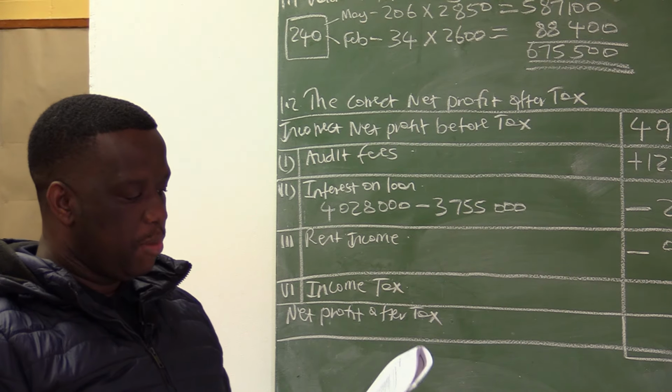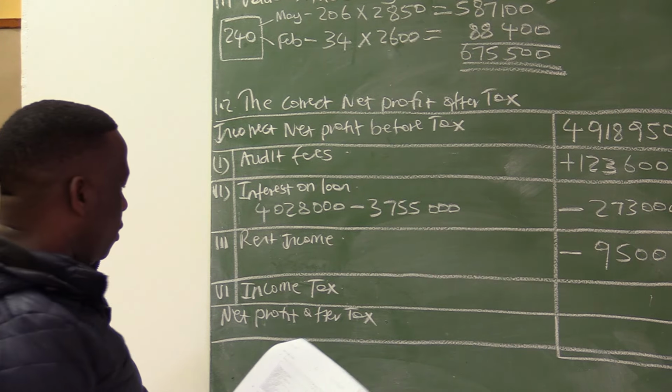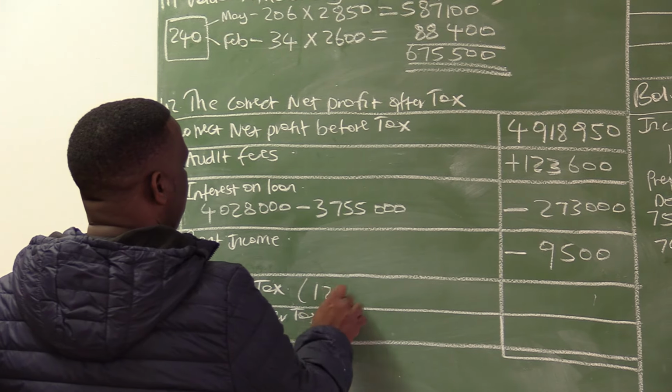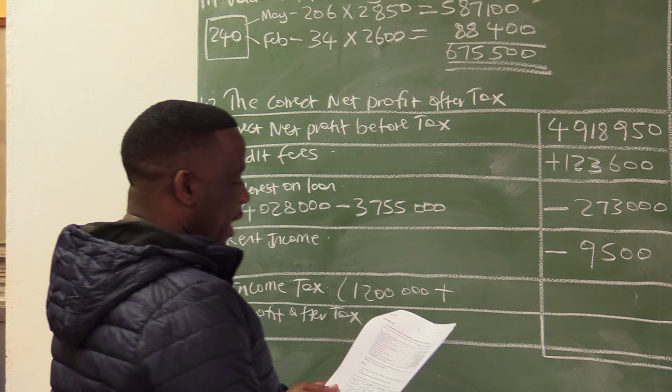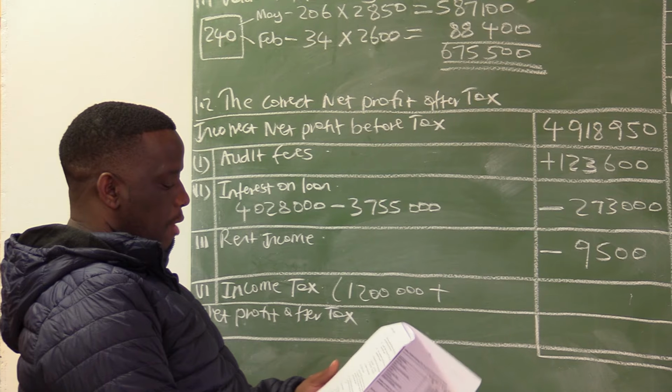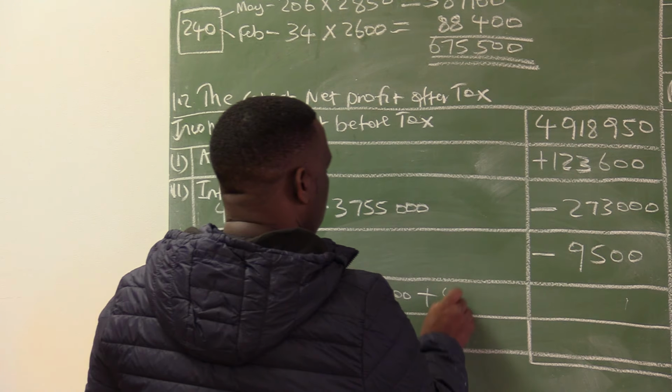Let's go to information A, page 4. We have already paid 1,200,000 to SARS, and we are told that we are still owing SARS 85,250.